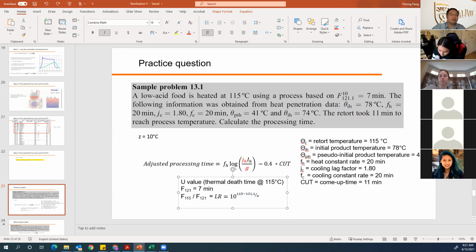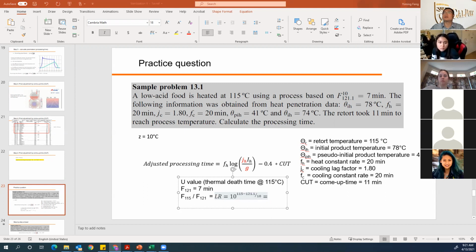By this equation, what we are getting is the killing power at 115 degrees C compared to 121 degrees C. Does it make sense, Veronica? Okay, let me do a quick calculation here. 115 minus 121.1 is negative 6.1, divided by 10.